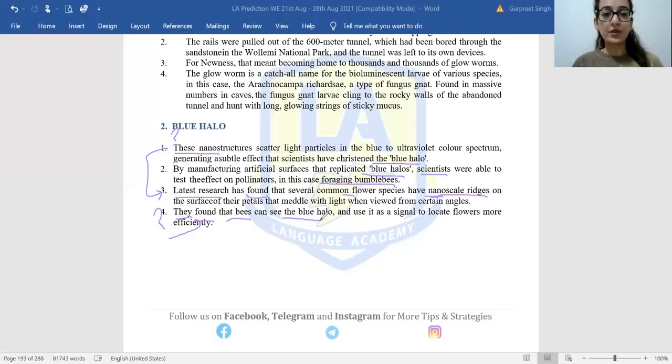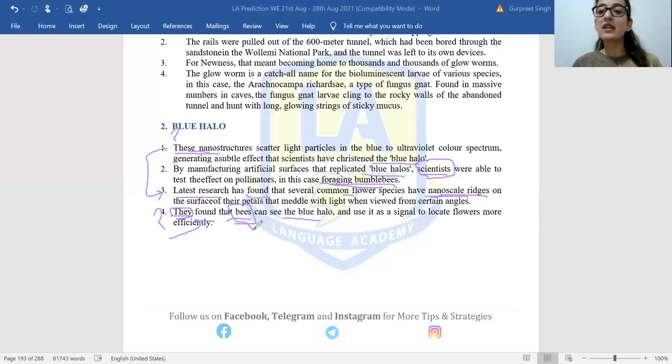So if we make pairs, one pair we have already got: nanoscale ridges and these nanostructures. Then in this sentence we got scientists, and in this one we are talking about they. So this makes sense, scientists and they together. And in this one sentence we had foraging bumblebees, and in here we only have bees.